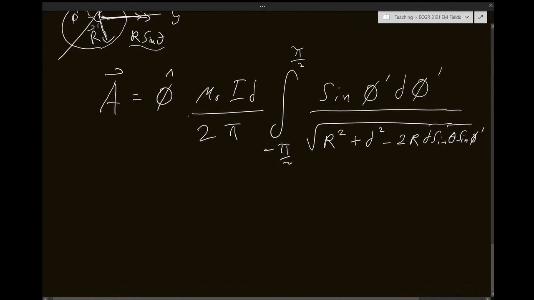Okay, now we want to apply the binomial theorem to simplify.